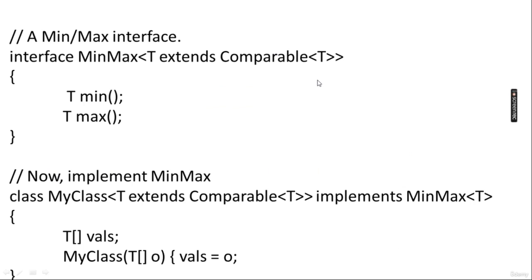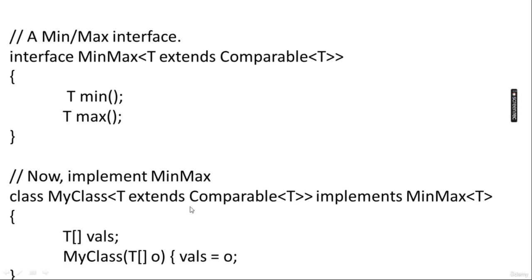The Comparable interface, and the type will be the type specified by T. So if you are creating an object of type Integer, your upper bound will be Comparable<Integer>. T min and T max are two methods that must be implemented by the classes that are going to implement the interface. Now implement the MinMax methods.